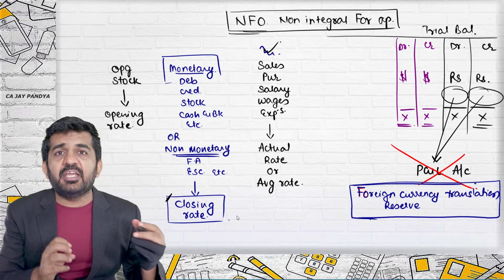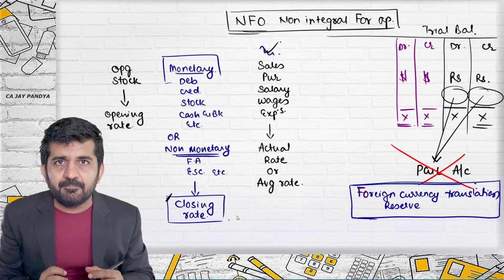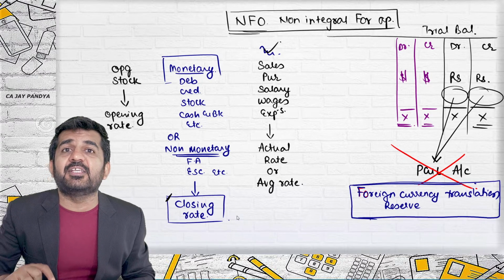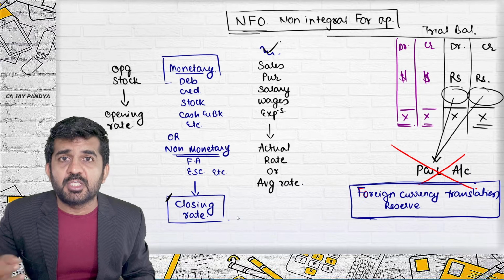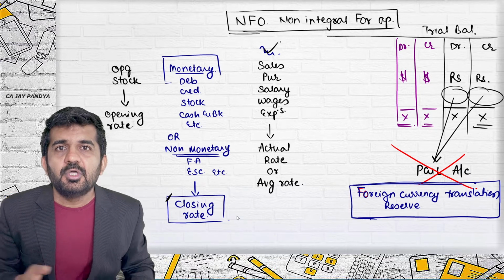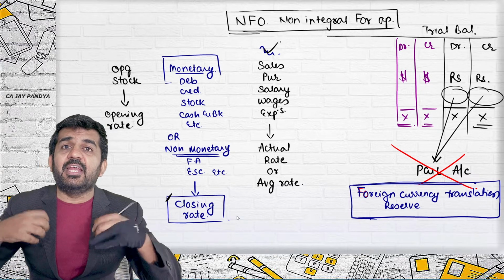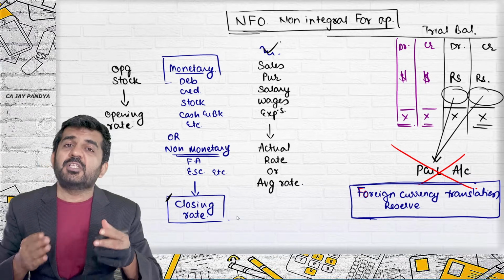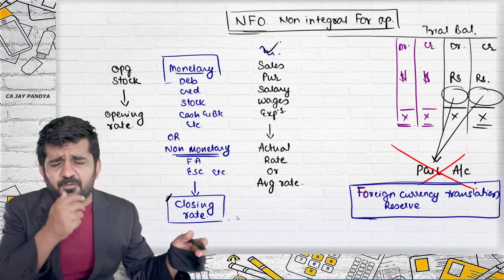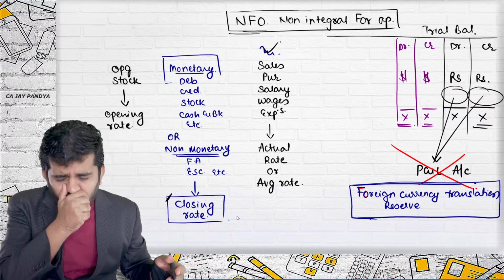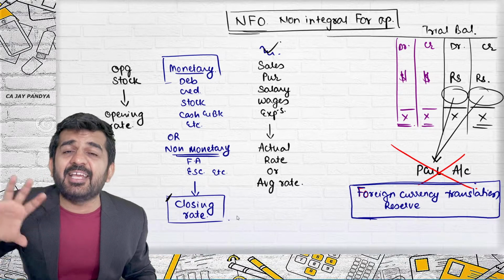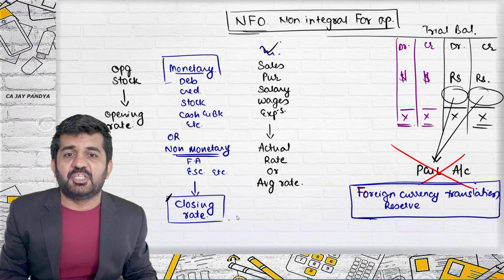Anything which is an integral part of your organization, the profit or loss should be treated as your day-to-day profit or loss and should be treated as revenue and transferred to P&L account. But something which is not an integral part of your organization, which is somewhat an independent event, you might have invested in 50% of that company, practically it is not an integral part of your organization.